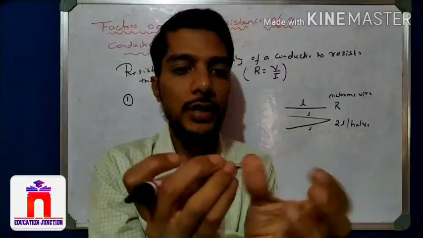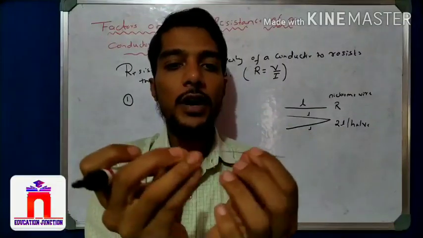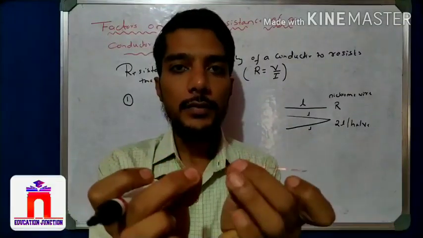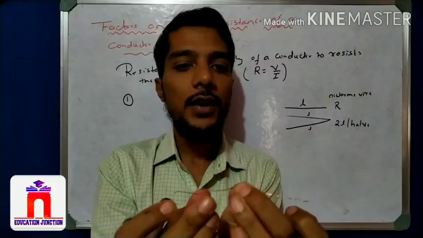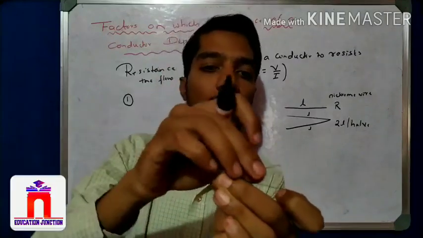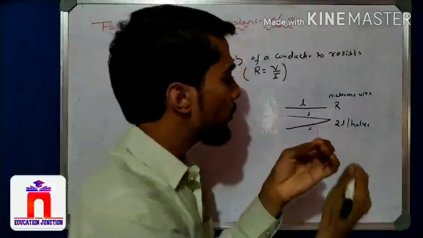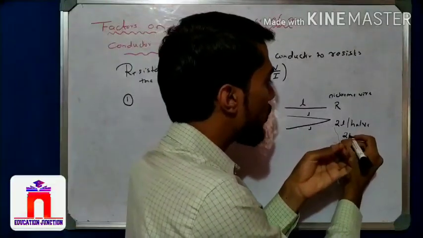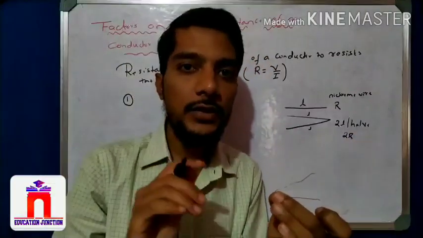So first we observe that this is the one resistance R. When we double the length, what about the resistance? We observe that in this case the resistance is also doubled, 2R. Understand, student?